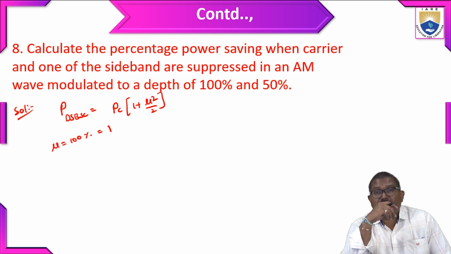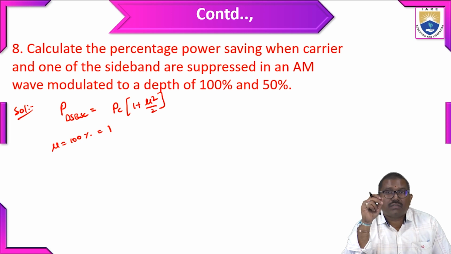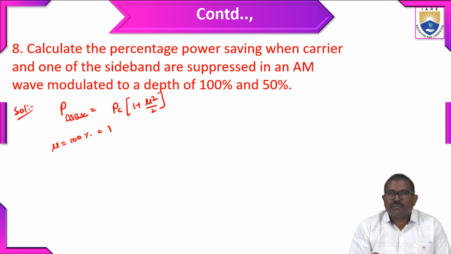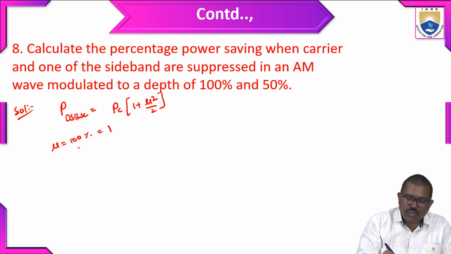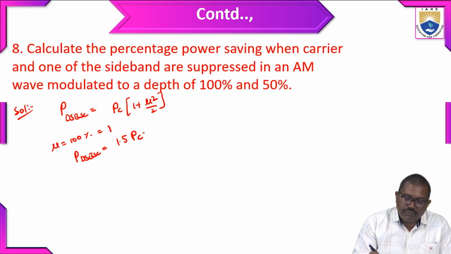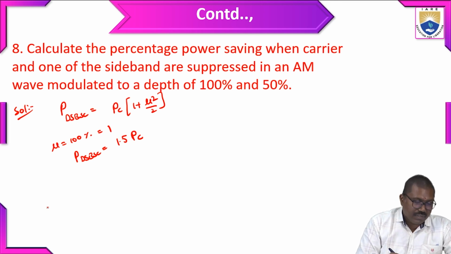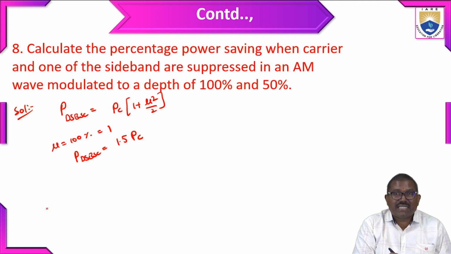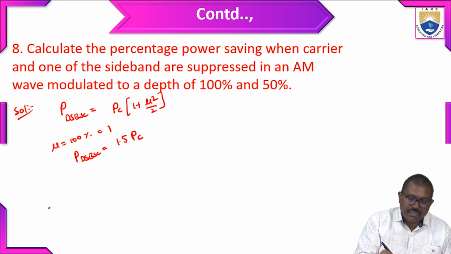Directly substitute mu equal to 1. What you get is 1.5, since 1 plus 1 square by 2 is 1.5. So P DSB-SC is equal to 1.5 Pc.